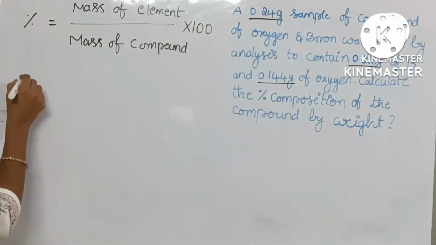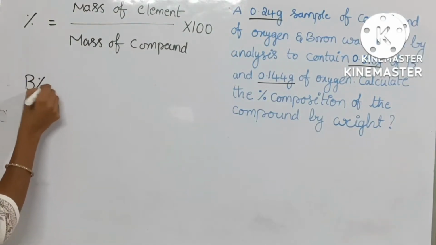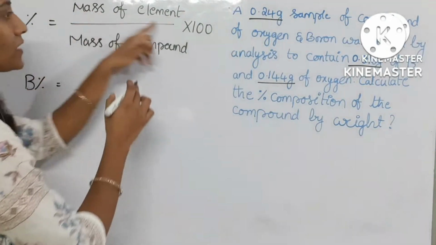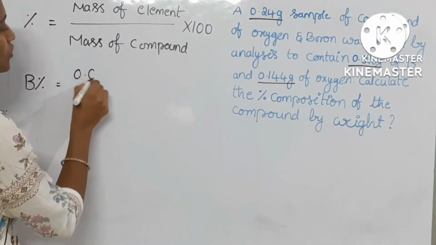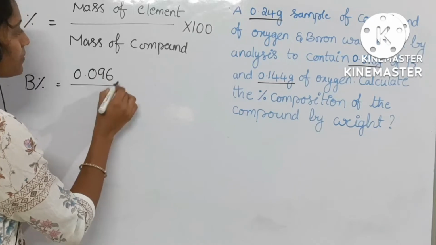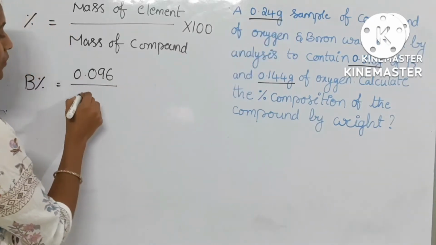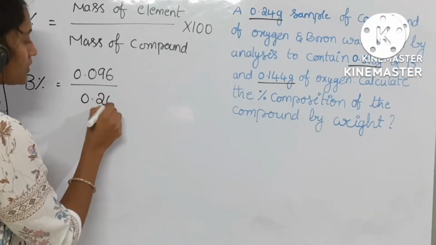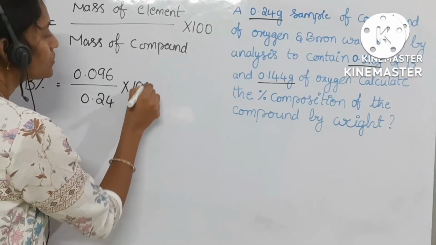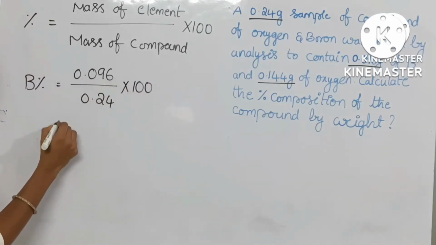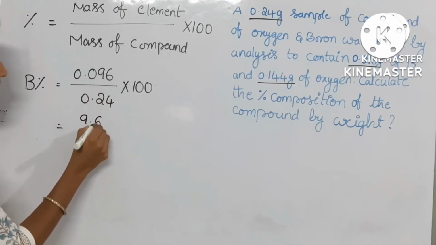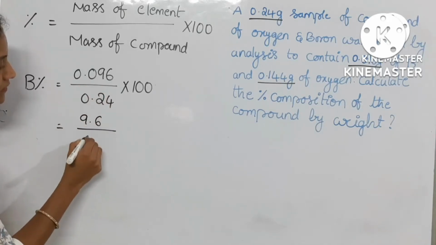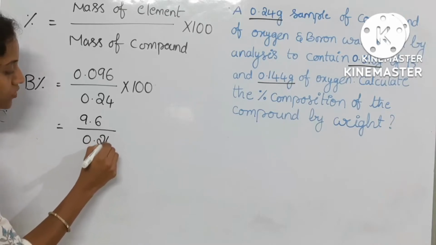So for boron, percentage composition is equal to the mass of boron, 0.096, divided by the complete compound's mass, 0.24 grams, into 100. By multiplying with this 100, 0.096 will become 9.6 divided by 0.24.